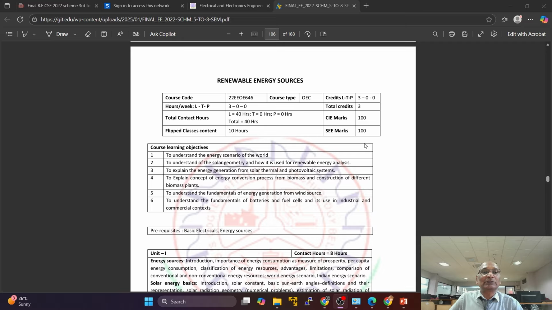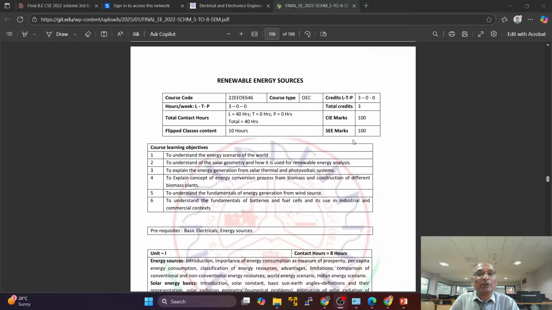The course learning objectives: at the end of the course completion, you will be able to understand the energy scenario of the world and the importance of renewable energy sources, and especially how solar geometry is used to track more power from the sunlight.